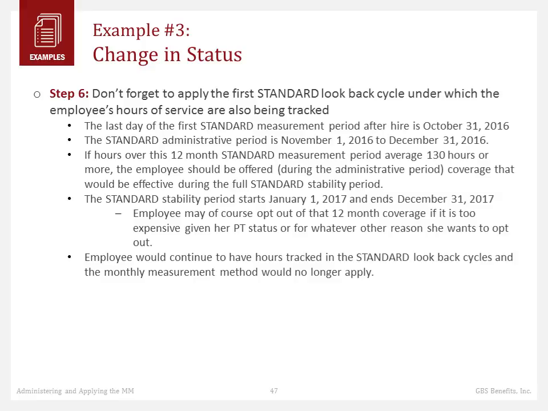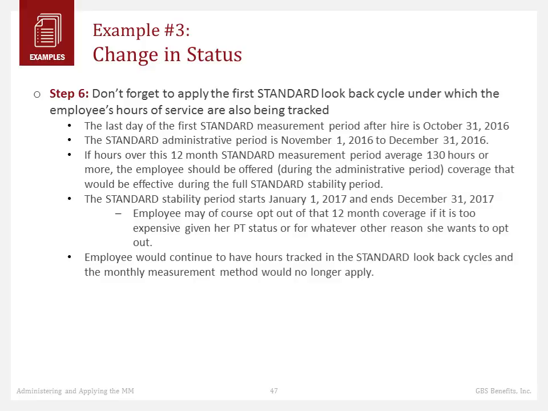The standard stability period starts January 1, 2017 and ends December 31st. Now, even though the employee's hours went down, if they averaged 130 hours or more during that period, and we didn't know in this case because we haven't hit the end of 2016 yet, so we have to just see what those hours end up showing.